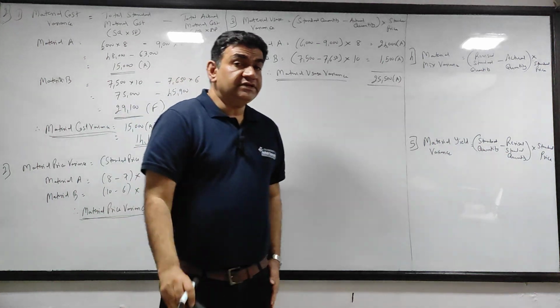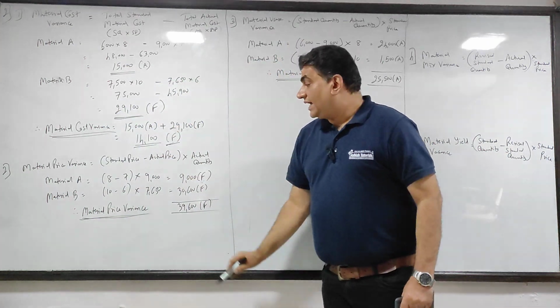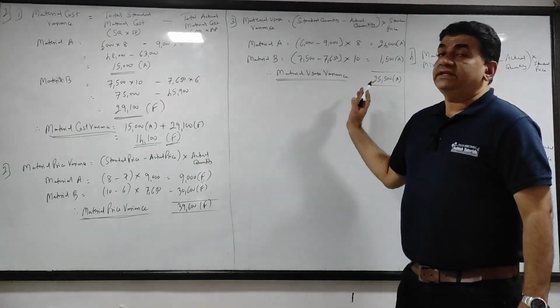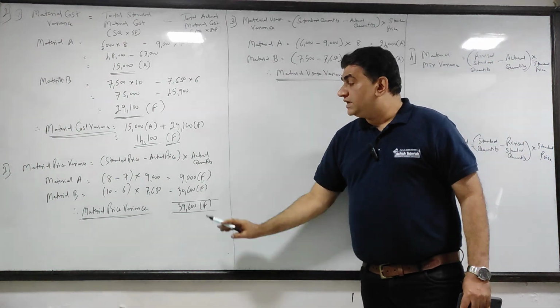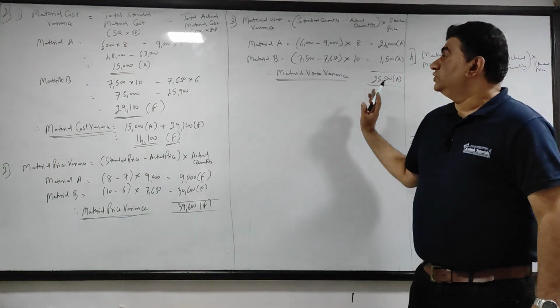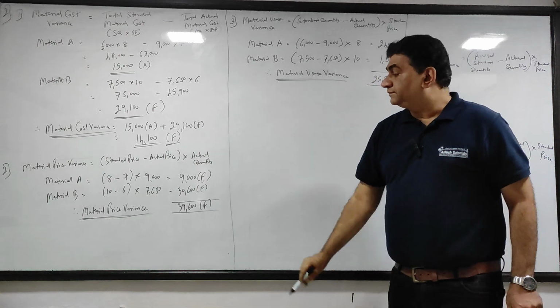What I told you in the first sum, material cost variance has to be equal to price and usage. Now see what you will do. Check it.